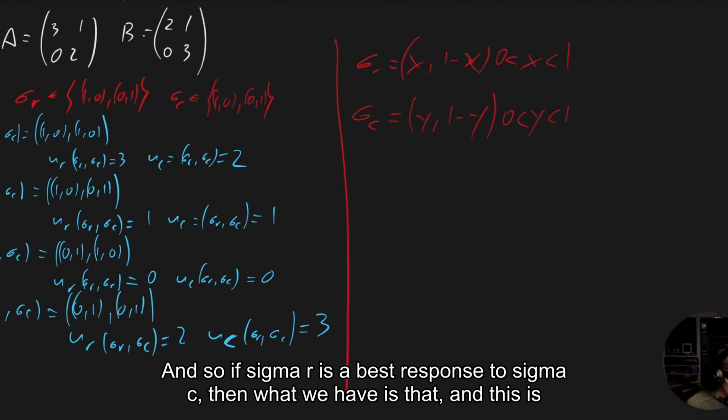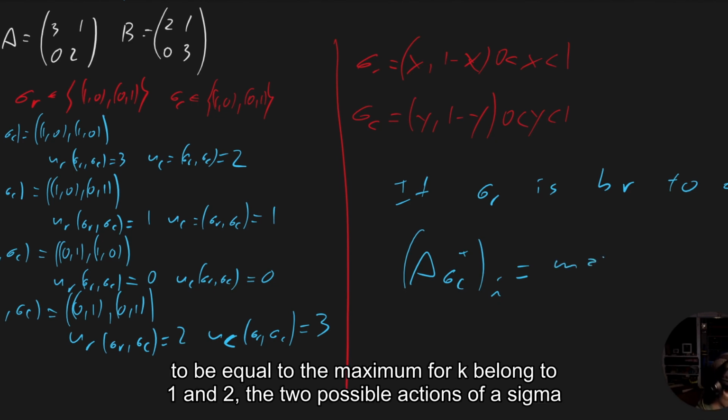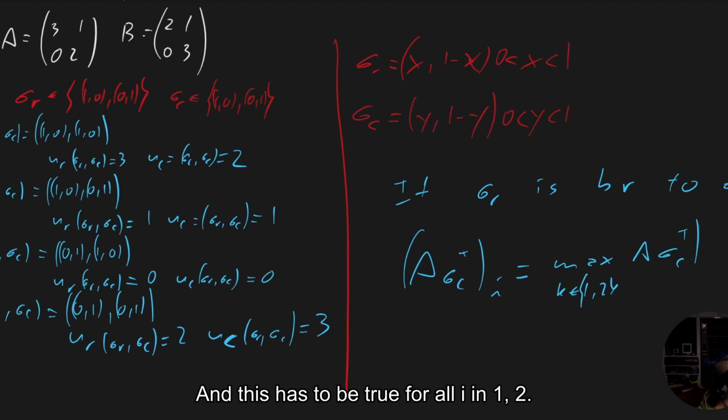And so if sigma r is a best response to sigma c, then what we have is that, and this is the best response condition, (A sigma c)^T i, so all the values of A times sigma c, have to be equal to the maximum over k belonging to 1 and 2, the 2 possible actions, of (A sigma c)^T k.